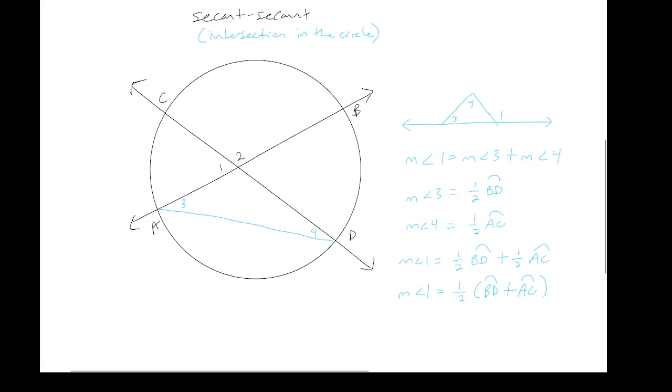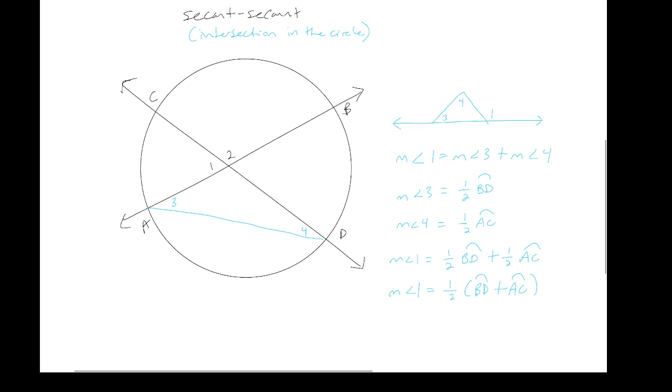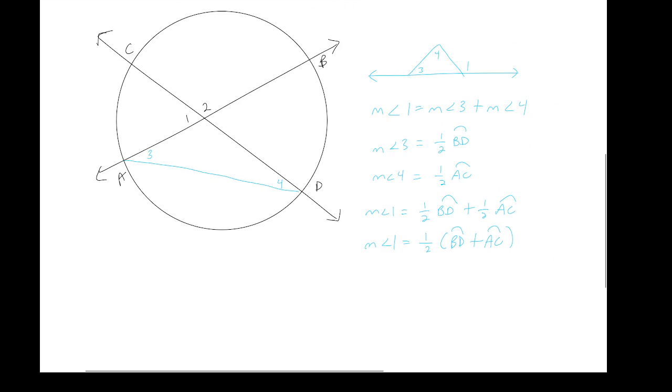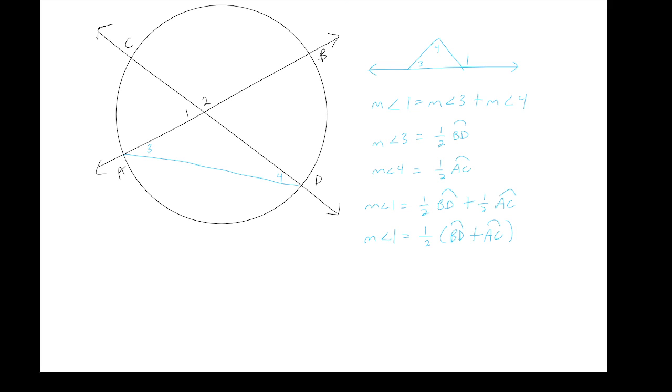If I do that, I have the following. I can get the measure of angle 1 as taking 1/2 of the sum of these vertical, I always call them the vertical arcs. Okay, so thinking about the vertical angle I'd have right here, that relationship. So AC and BD.